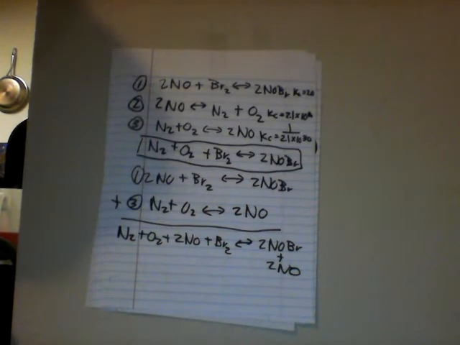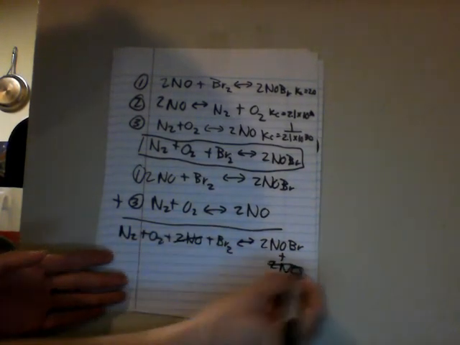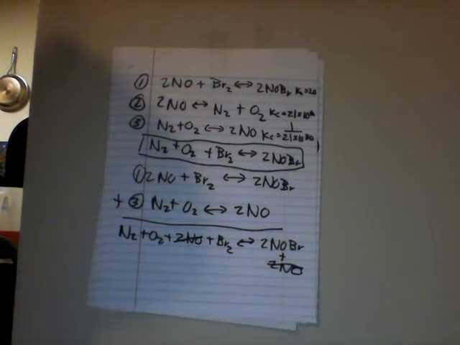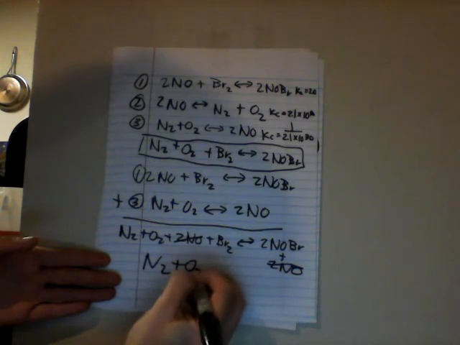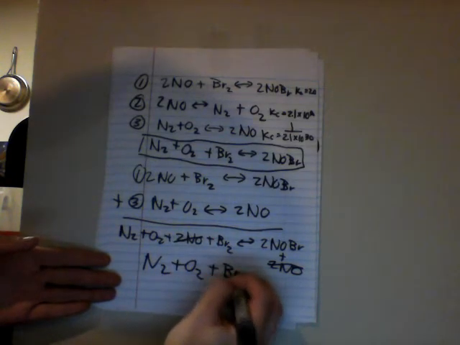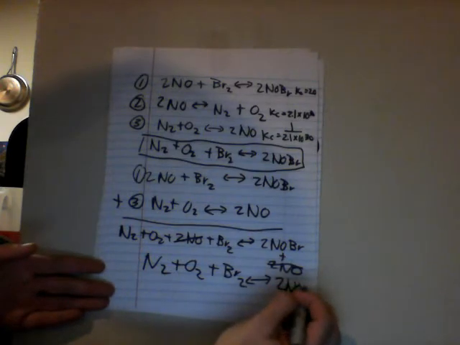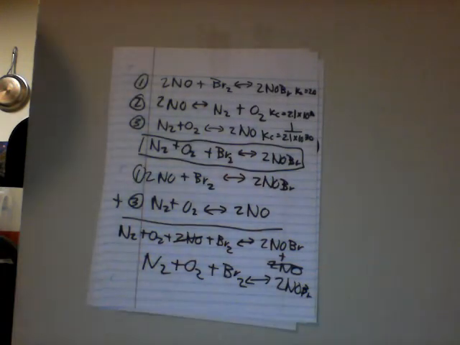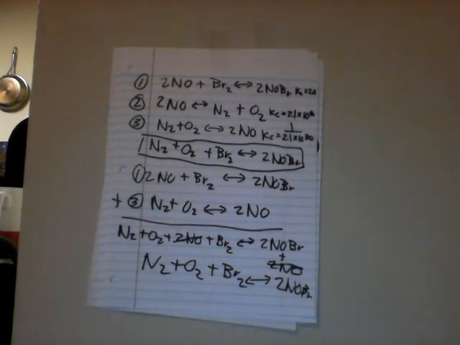So now, on this side, in this reaction, I can see that this cancels out, right? That'll be my intermediate. And then I get just N2 plus O2 plus Br2, which is what I was trying to get to eventually anyway. So you see, these are exactly the same equation.